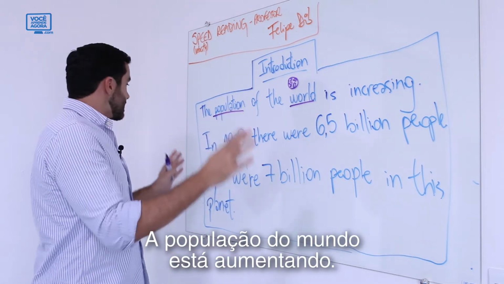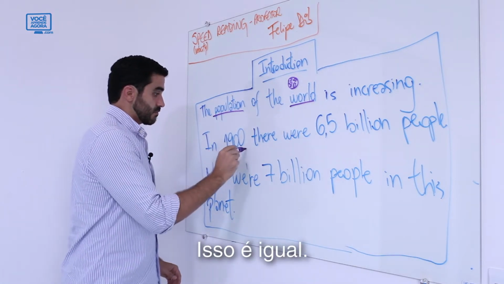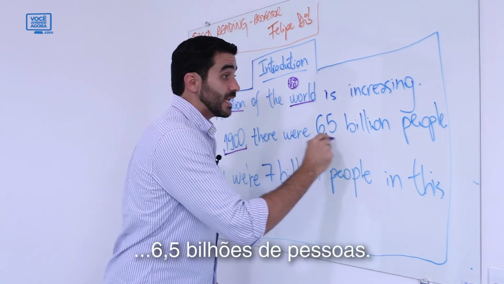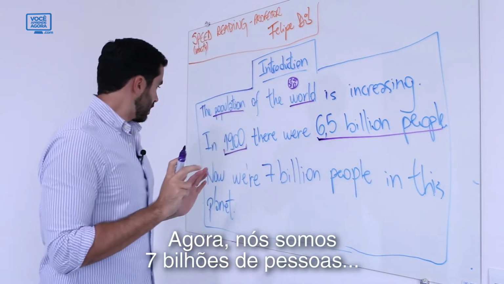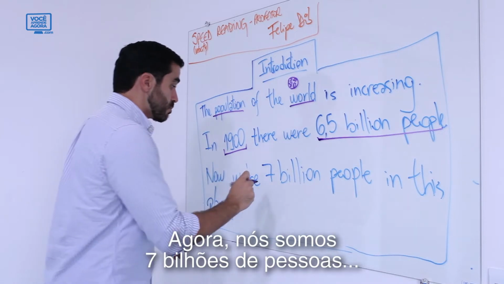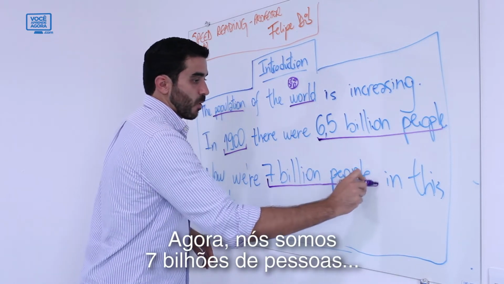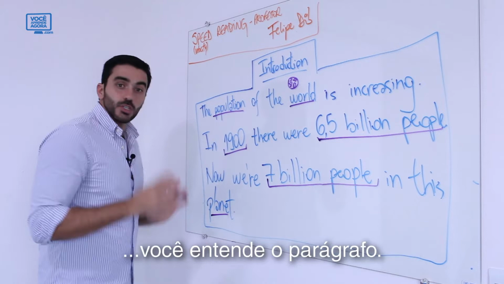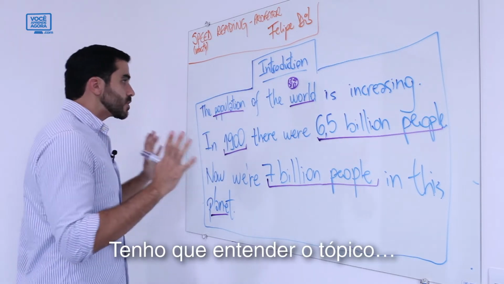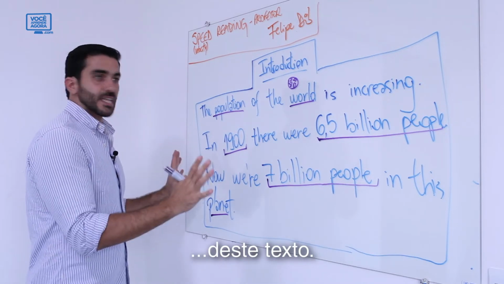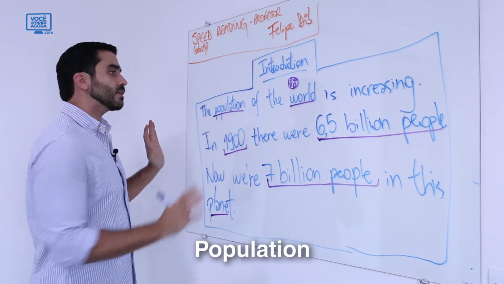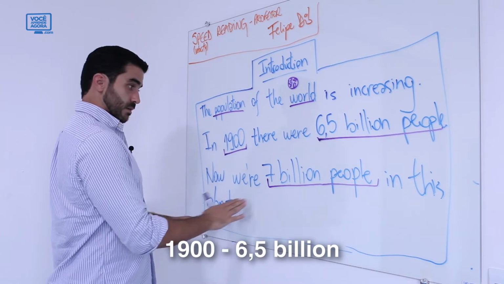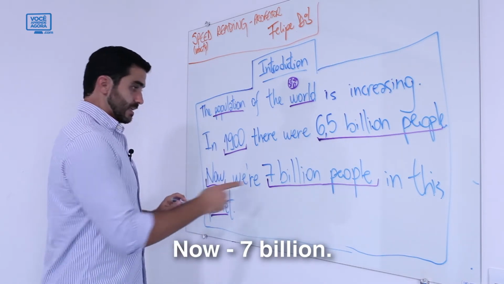The population of the world is increasing. In 1900, this is the same. In 1900, there were 6.5 billion people. Okay. Now, agora, we are 7 billion people in this planet. With these underlined words, you understand the paragraph. I need to understand the topic of this text. I'm going to analyze population, world, 1900, 6.5 billion. Now, 7 billion.